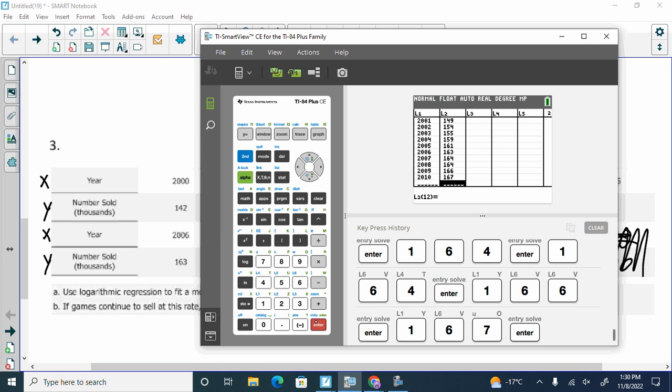So once you have your lists, we're not going to pick 0 this time. We're going to pick logarithmic regression.